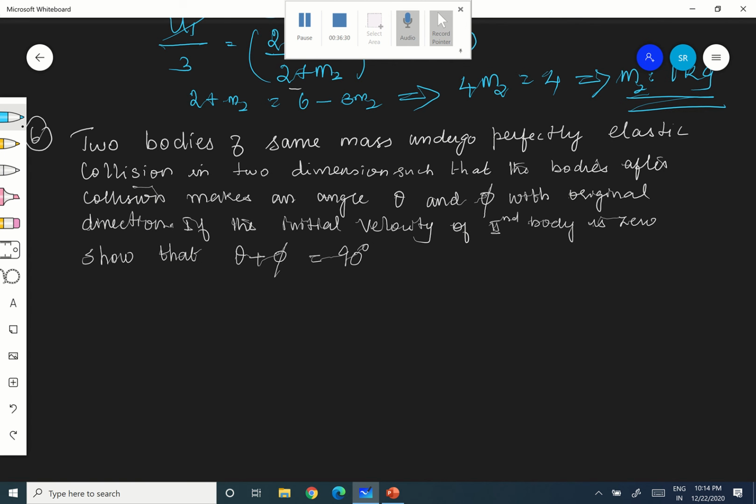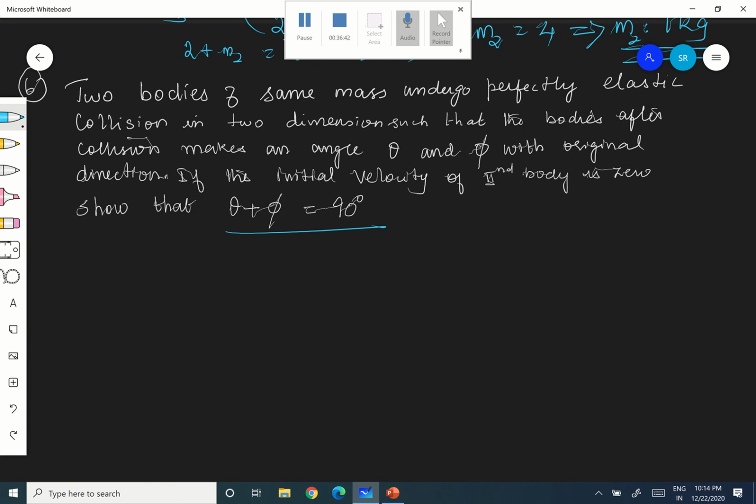If the initial velocity of the second body is 0, show that theta plus phi is equal to 90 degrees.